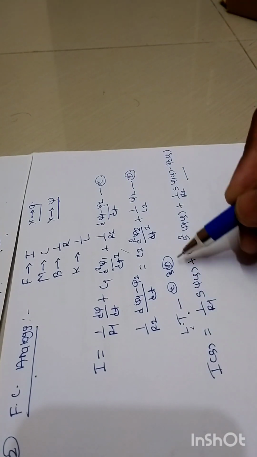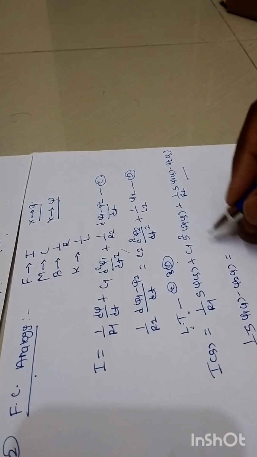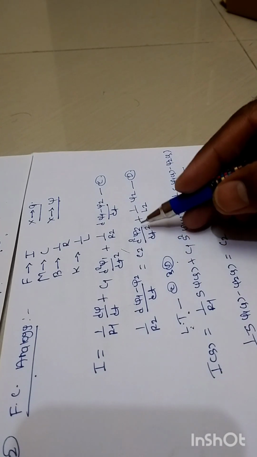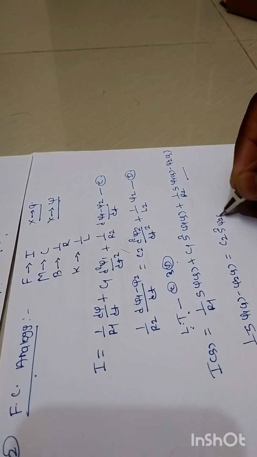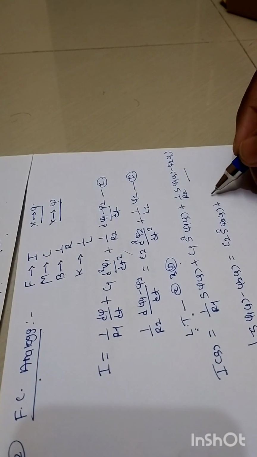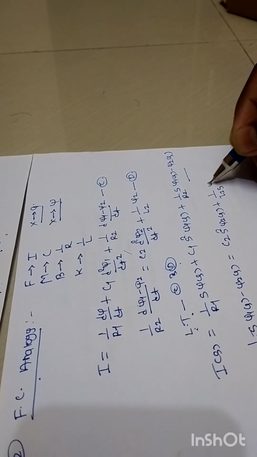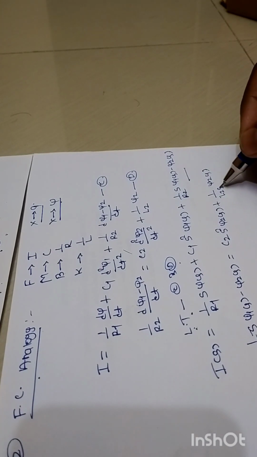When we apply the Laplace transform to equation number capital D, this equation will become 1 over R2, and it is a first order differentiation, so the Laplace variable will be capital S into psi 1 of S minus psi 2 of S equals to C2 into d square, meaning S square into psi 2 of S, plus here 1 over L2 into psi 2 of S, right?